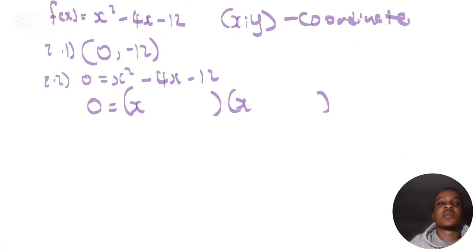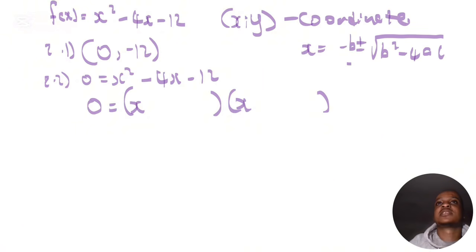Remember, I did explain in the previous video that before these things became functions, they were equations. So in grade 11, you were taught quadratic equations and your quadratic formula, which is x is equal to negative b plus or minus the square root of b squared minus 4ac, over 2a. So you can also use that whenever you have a quadratic.